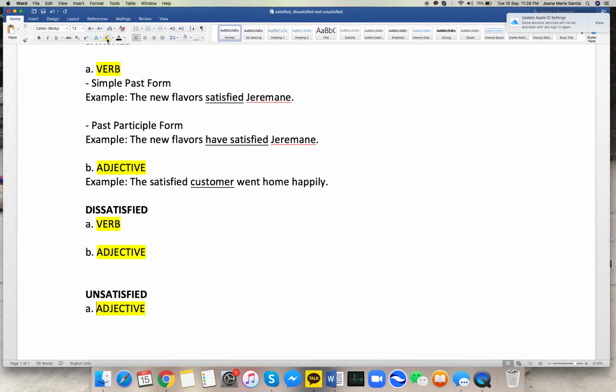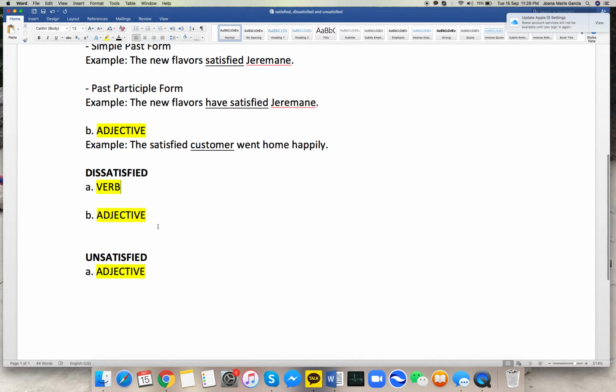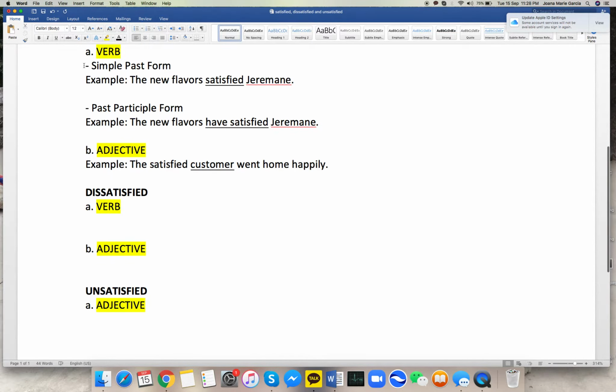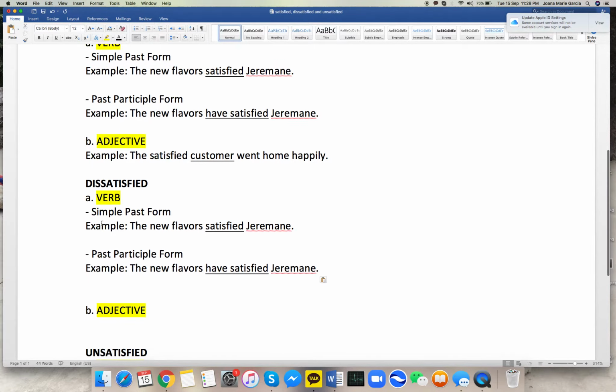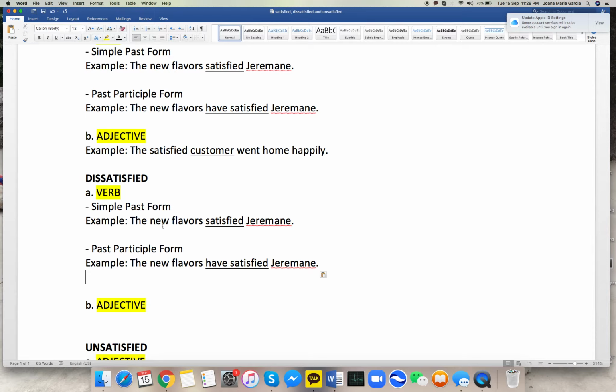But let's focus first on dissatisfied as a verb. The same thing. It can be used as the simple past form and as the past participle form. So I'm just going to copy this and let's just make the sentence negative. For example, the new flavors dissatisfied Jermaine. That's it, we just made it negative.